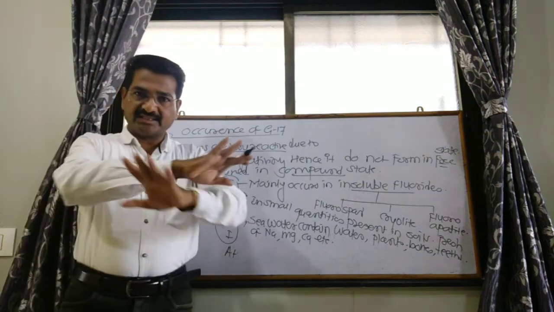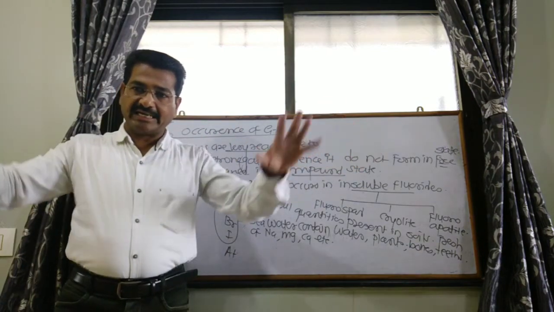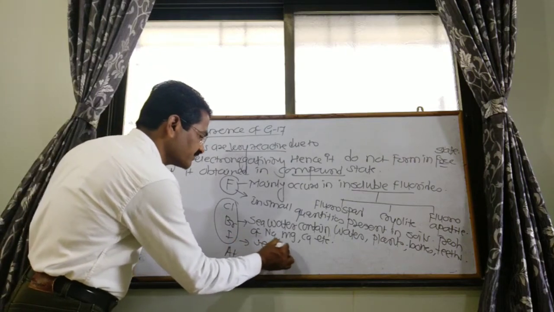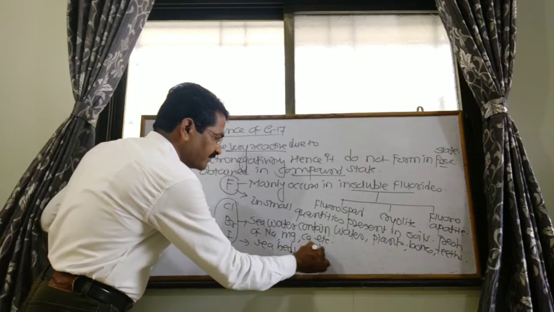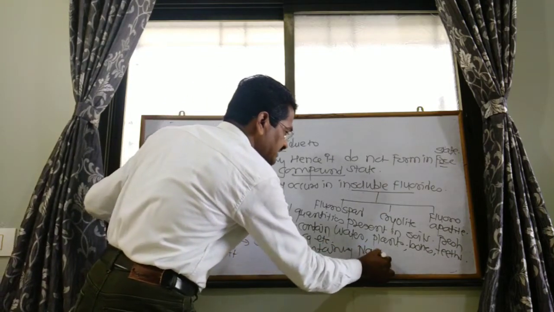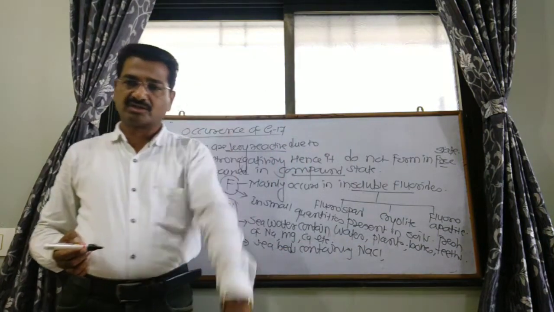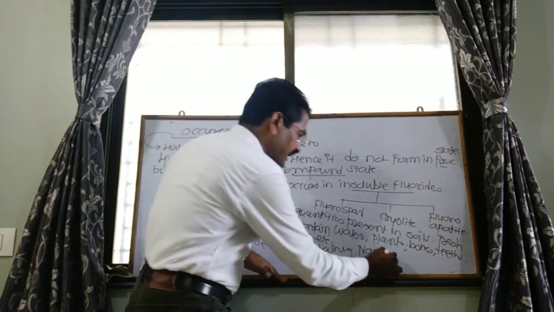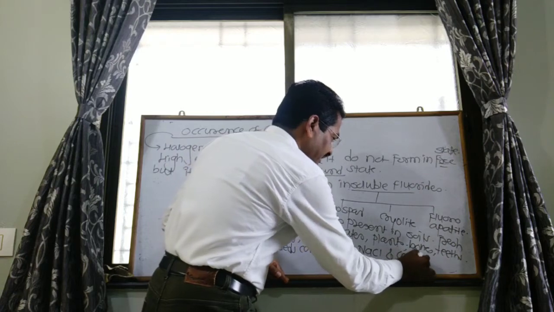Seabeds contain sodium chloride, NaCl, common salt. Then carnallite.